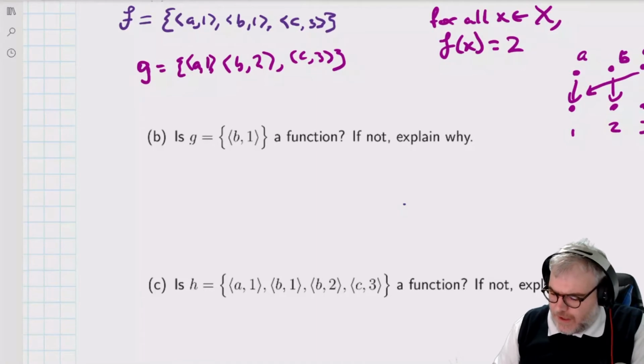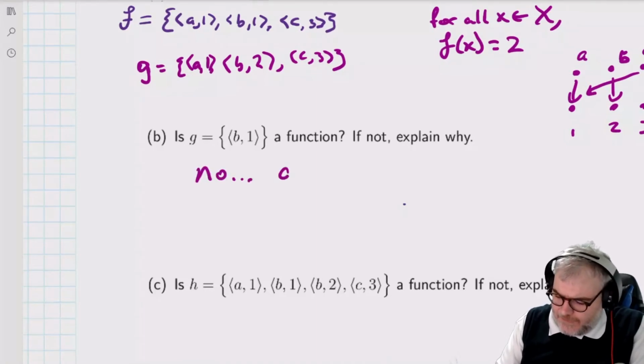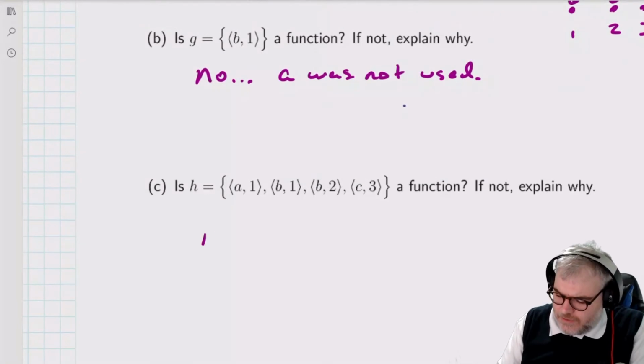Is this G B1 a function? No. Why? A was not used. No. B was used twice.